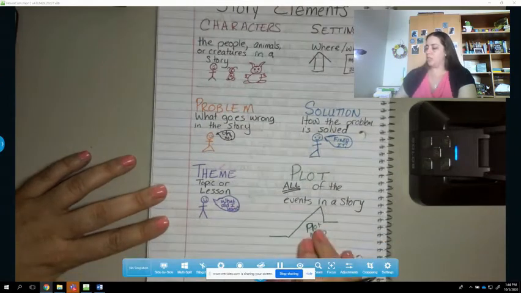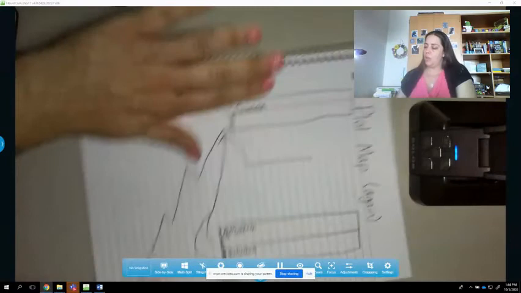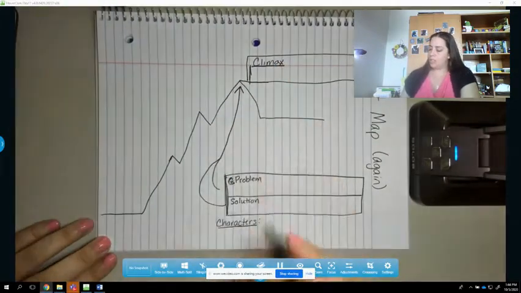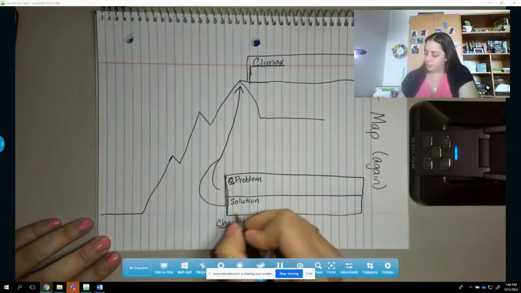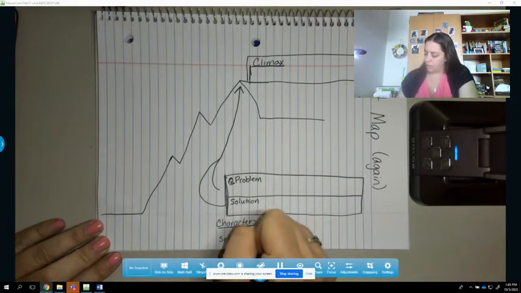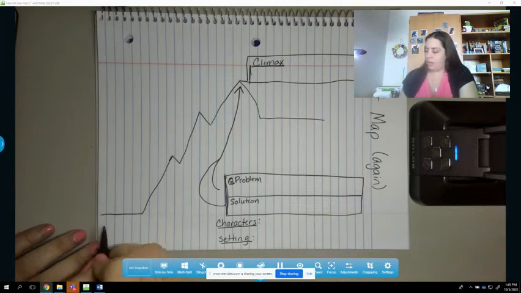So our plot is all of those events in a story. And in our plot map, we don't want to have just our problem, solution, and climax. We want to have our characters, our setting, and we're going to have to find room somewhere. Let's just put it right over here.